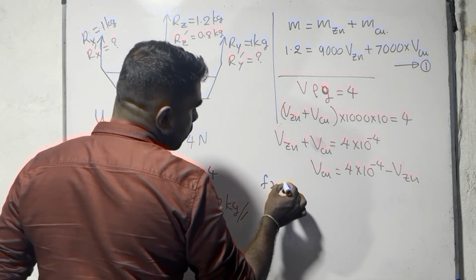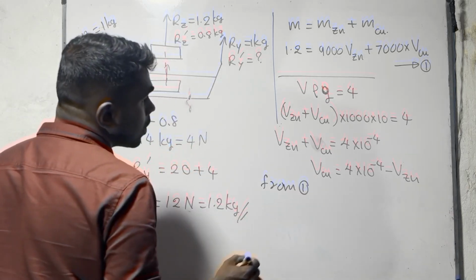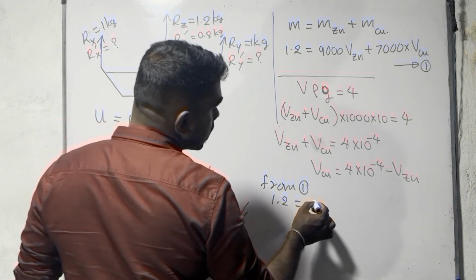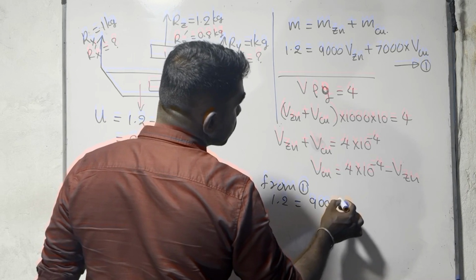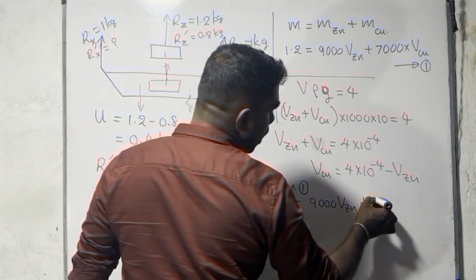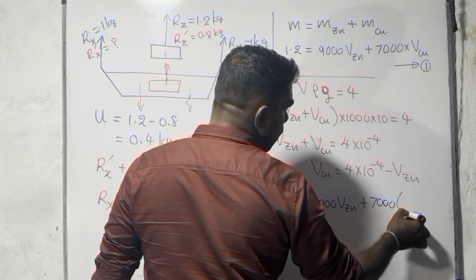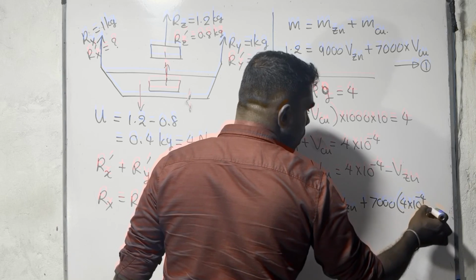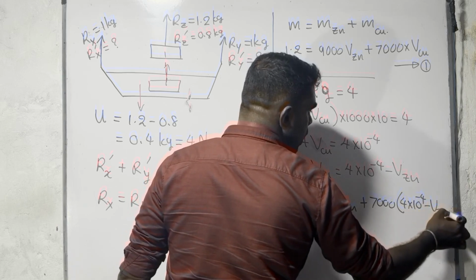Then we can write from first equation 1.2 equals 9000 V zinc plus 7000 V copper, which is 4 into 10 to the power minus 4 minus V zinc.